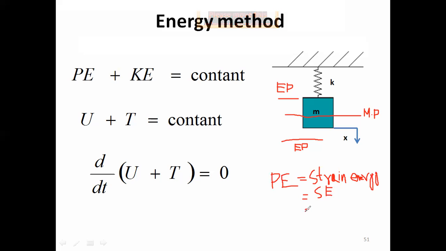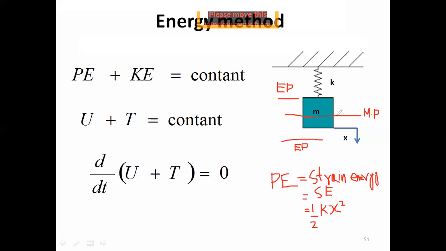And here we would study this later on. This strain energy in this spring is half k x squared, where x is the deformation in the spring. And kinetic energy is half m v squared. The kinetic energy is maximum at the mean position.